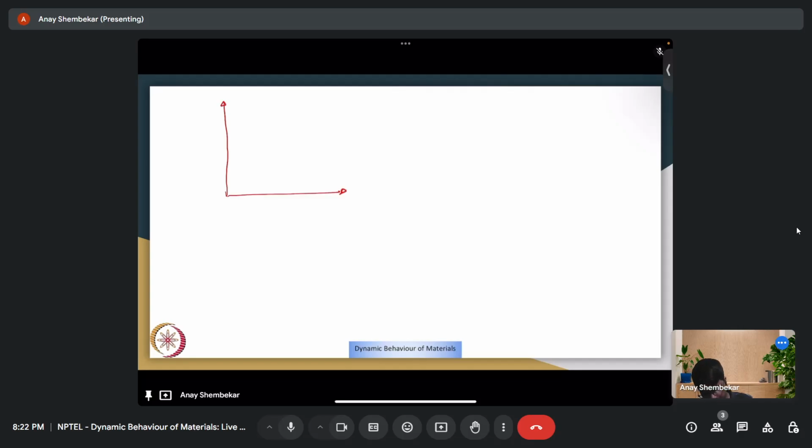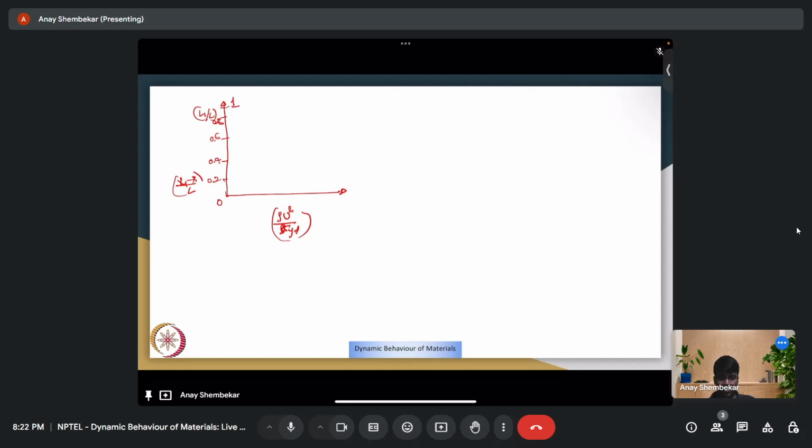So if I draw rho u square by sigma yd, the dynamic yield strength, against L1 by L, with 0, 0.2, 0.4, 0.6, 0.8 and 1, you have L1 minus x by L. L1 by L is the final deformed length.